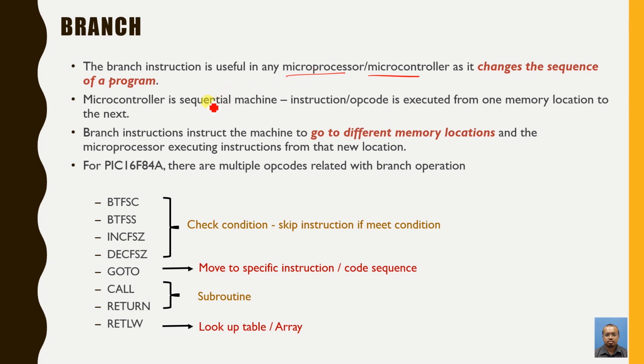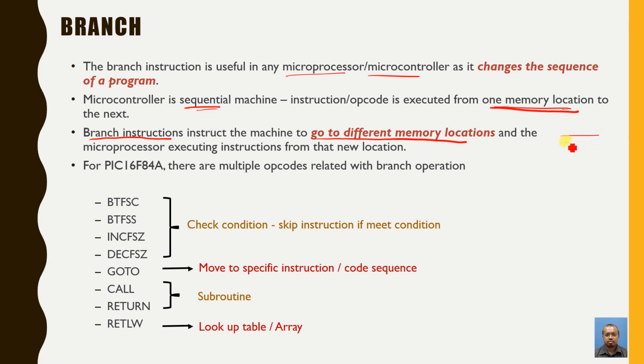So that's what I call sequential. Every instruction is saved in one memory location, and the instruction is executed one at a time. And then the branch instruction instructs the machine to go to a different memory location.